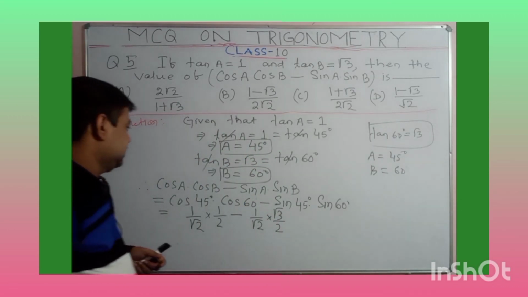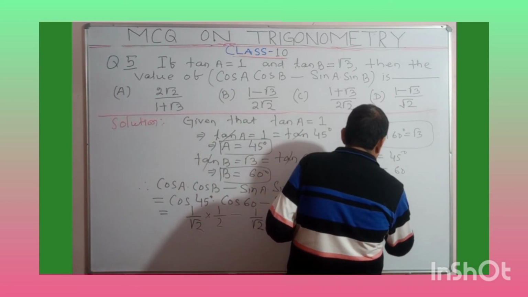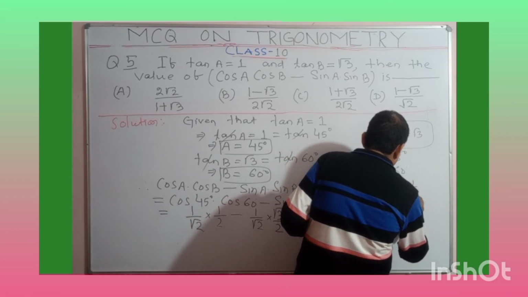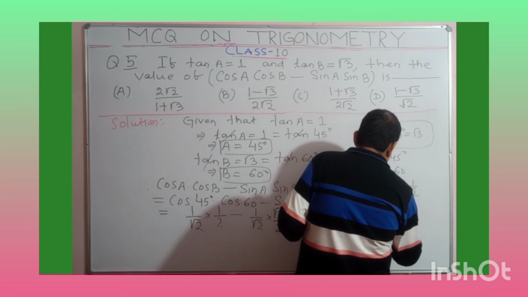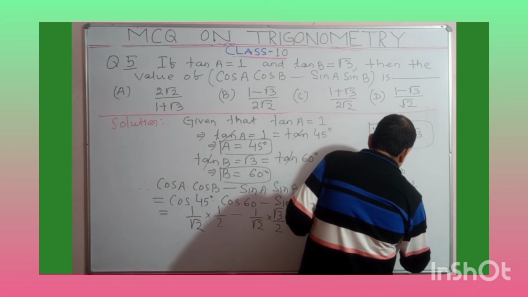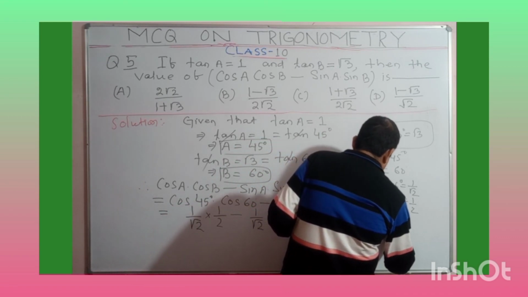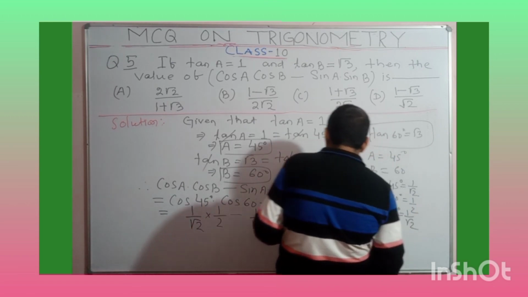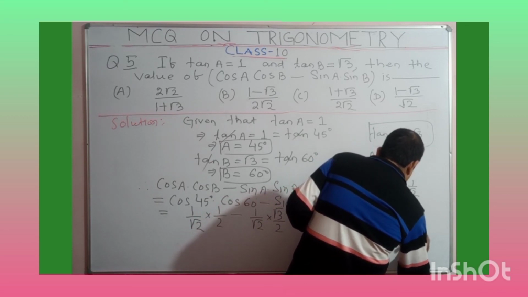Once again see, let us write the formulas here. Cos 45 is 1 upon root 2. Cos 60 degree is equal to 1 upon 2. Then sin 45 degree is equal to 1 upon root 2. And sin 60 degree is equal to root 3 upon 2.